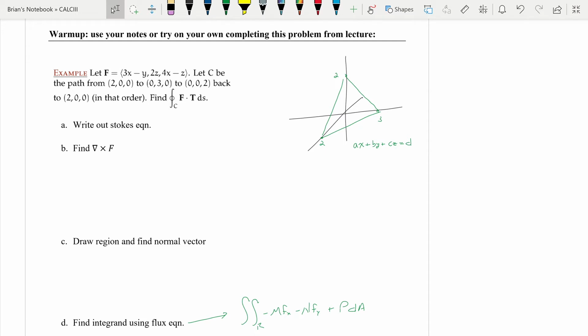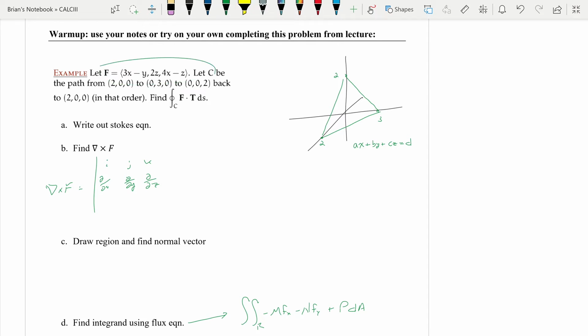All right, so we'll see how far you got here. We first started with del cross F, of course, and if you remember how to do the cross product, we just have i, j, k over partial x, partial y, partial z, and then we put in our F underneath there.